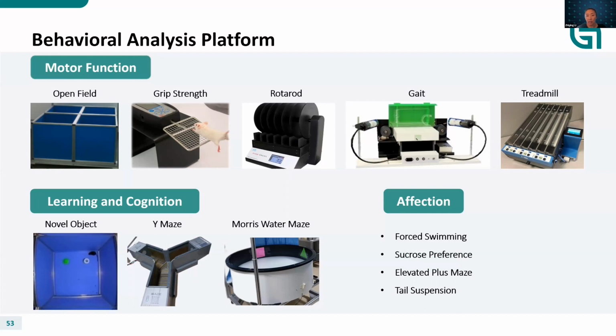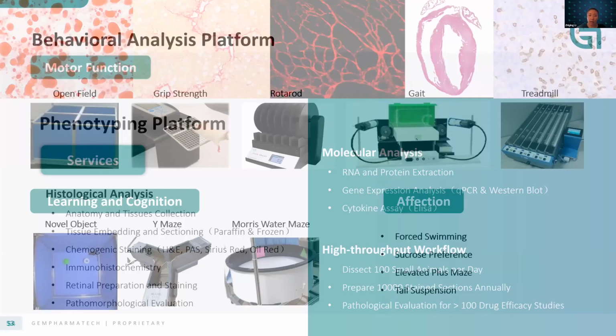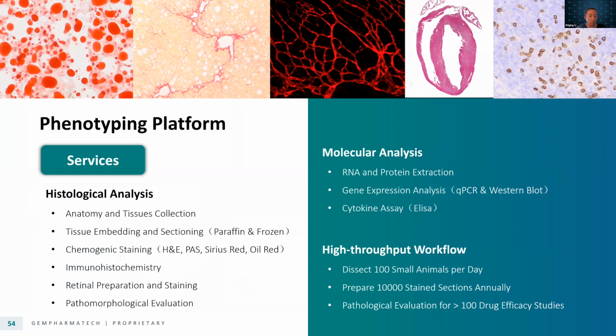So beyond this behavioral testing, as I shared with you, GemPharmatech is very strong in terms of generating new genetically engineered mouse models. So with every new mouse model we generate, we also support the phenotypic characterization of the new strain with our phenotyping platform.